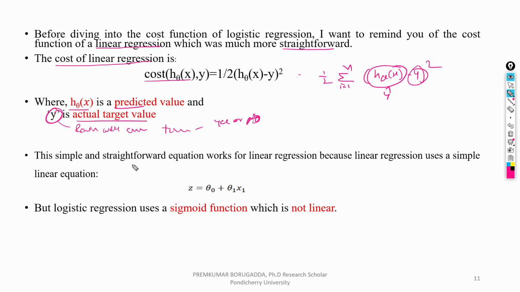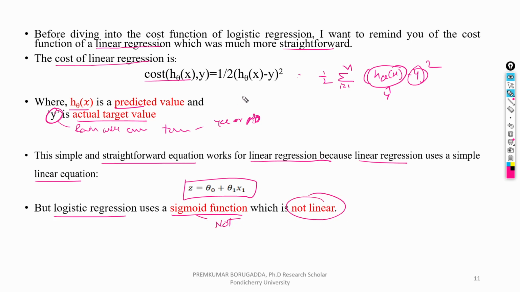Linear regression uses a simple linear equation, but logistic regression uses the sigmoid function, which is not linear.